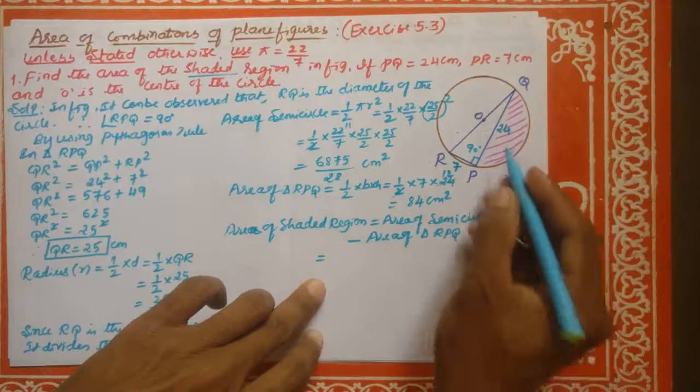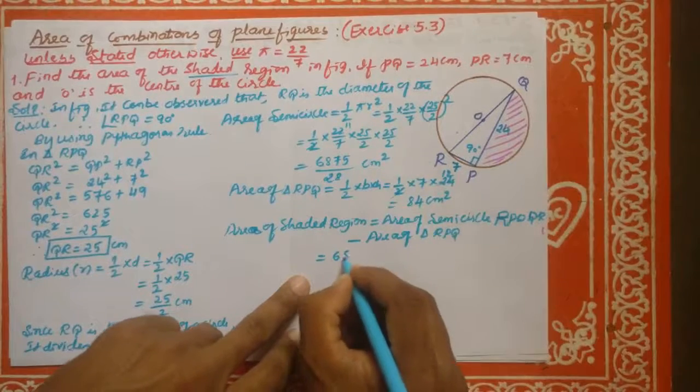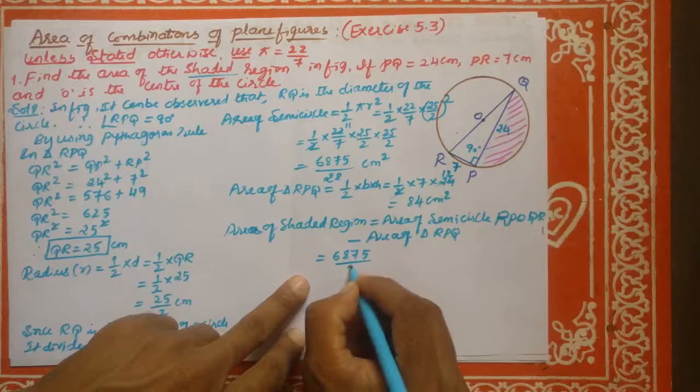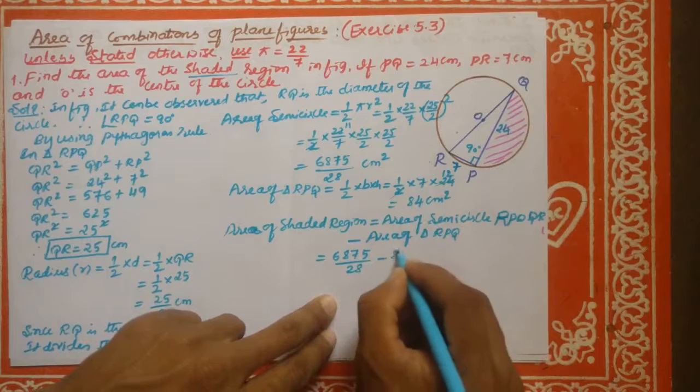Therefore, area of semicircle is equal to how much we get? 6875 divided by 28, minus area of triangle RPQ, that is 84 square centimeter.